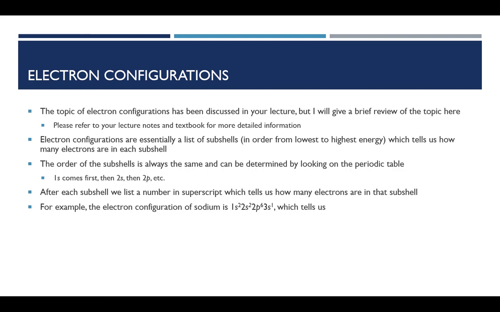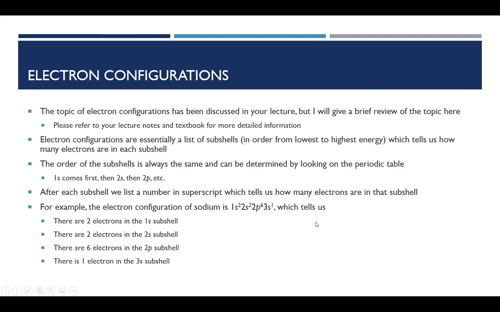So if you look at this electron configuration and read it from left to right, it tells me the 1s subshell has 2 electrons in it. Then the 2s subshell has 2 electrons in it. Again, that's the superscript that tells you how many electrons. 2p has 6 electrons, and 3s has 1 electron.